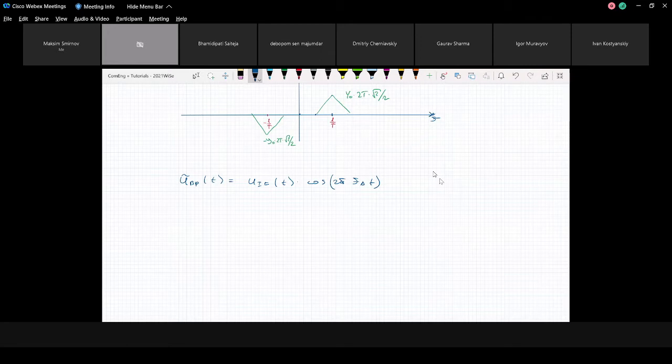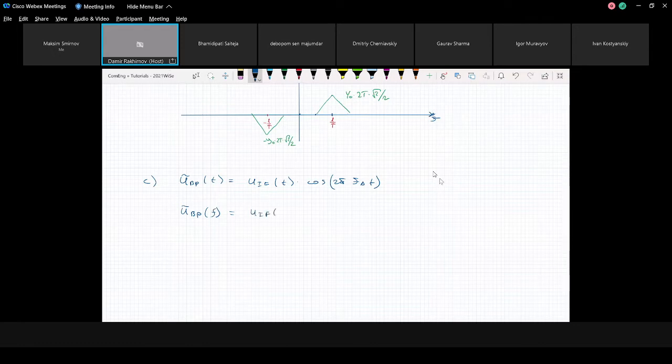And we need to draw the spectrum of the bandpass signal. Here we can write again, we can first try to find an expression for the spectrum in the bandpass range. This is the spectrum, a function of f.